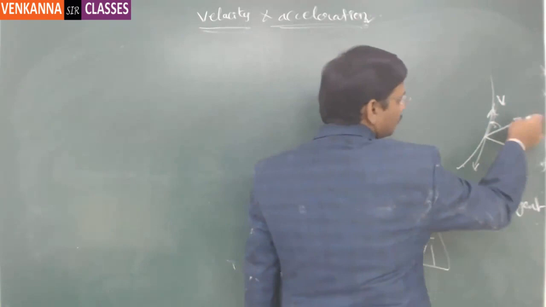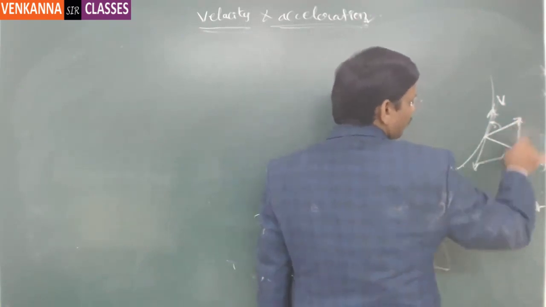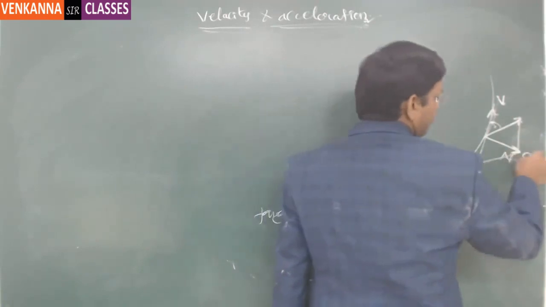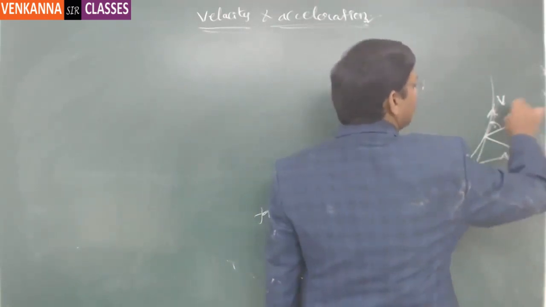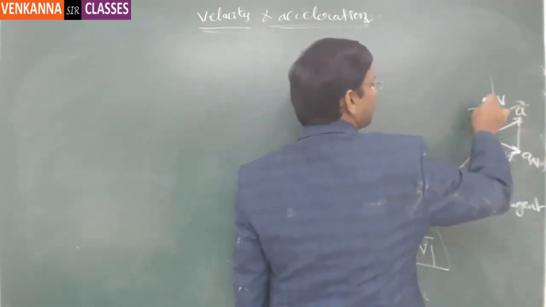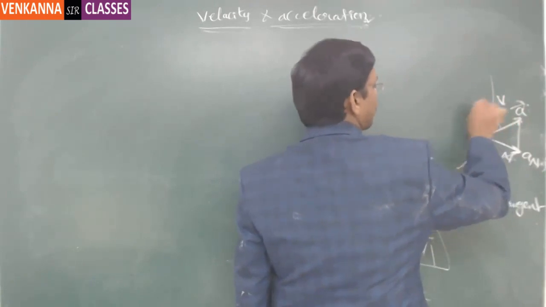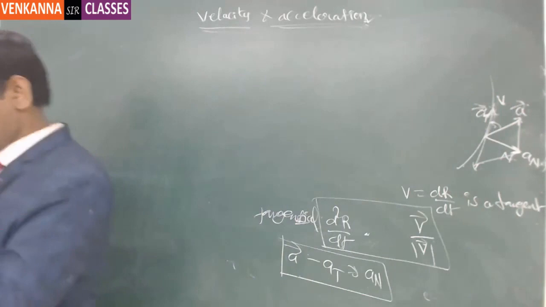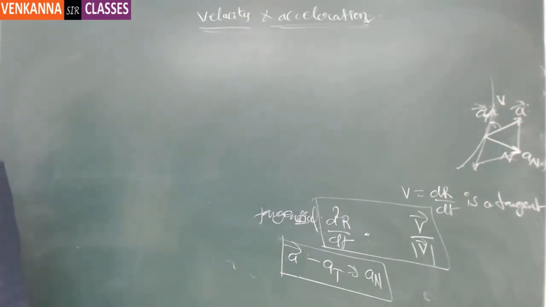This is the vector sum. So this is the normal component: this is a, this is a normal, and this is a tangential. Got it? How to find out? Understood or not, Vishal?